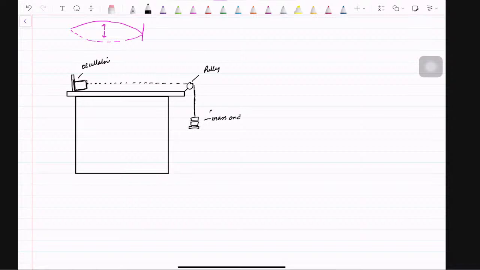So slotted masses and a hanger. All right, Ikra.